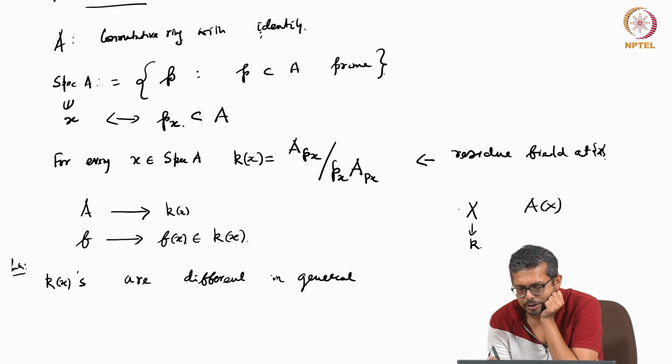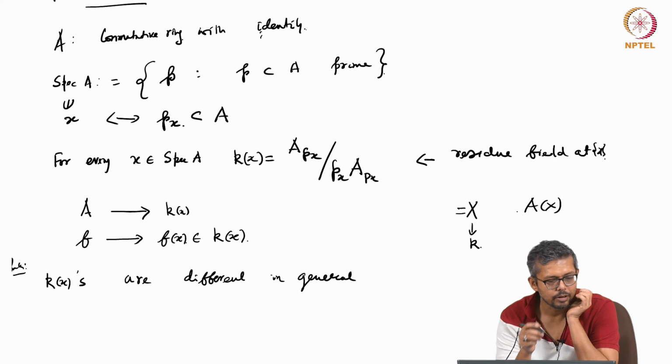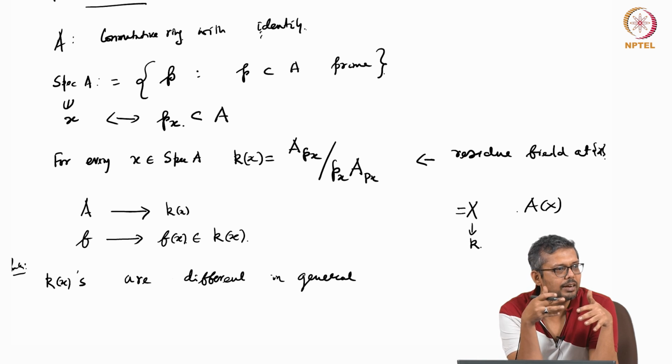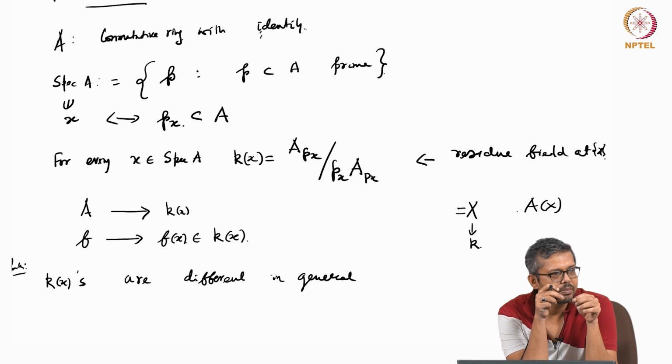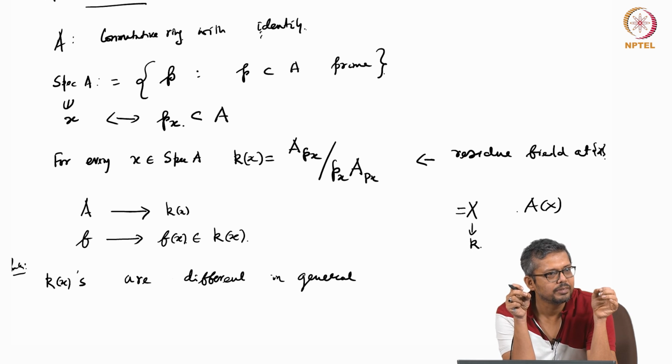If X is Spec A, then A is basically the functions on X. So the ring which you start with is actually a function space on Spec A. Every element of the ring is actually a function on Spec A, because to define a function, for every x I should associate some value, that is f(x). But this f(x) takes values in different fields, not just one field.